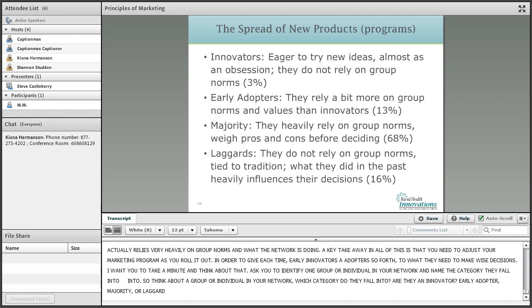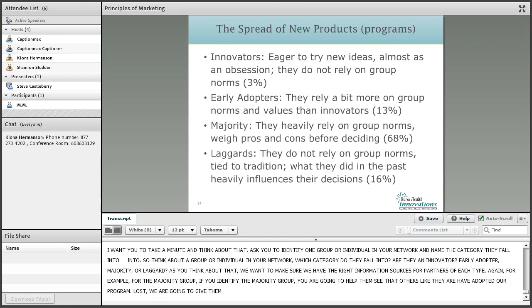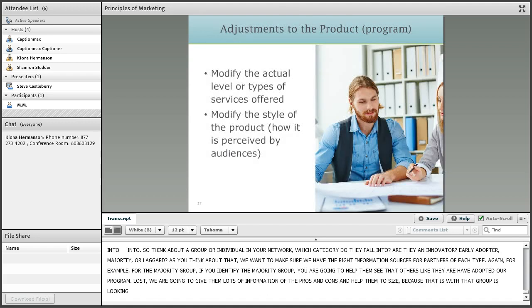You might then want to test out the idea of the new program in step 6 by actually rolling it out in the test marketing phase. For example, you might take a new program idea and try selling that idea to one clinic, then get feedback, and then adjust your program before rolling it out for the actual implementation, which is step 7. In all of this, your goal is still the same thing, to find problems with your new programs earlier rather than later.